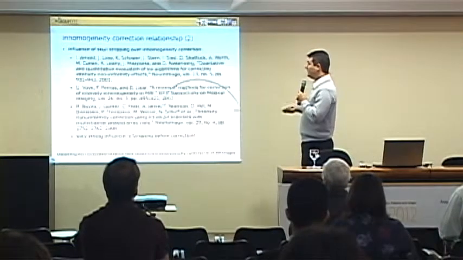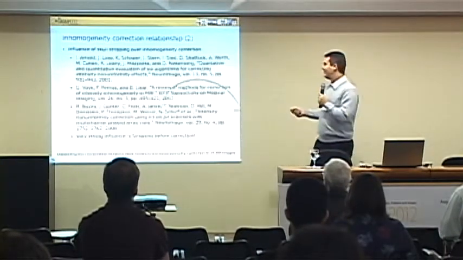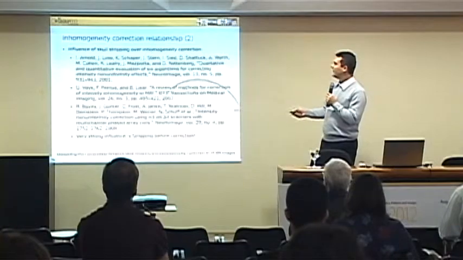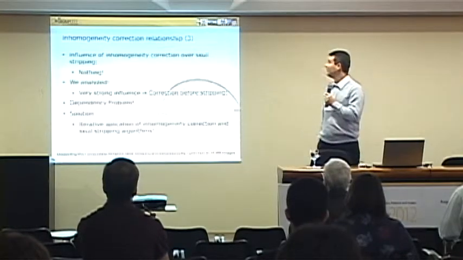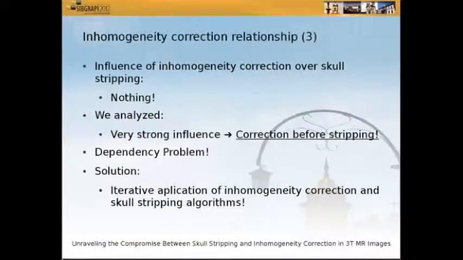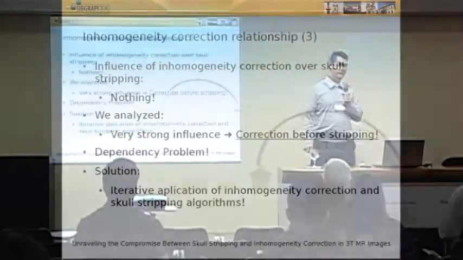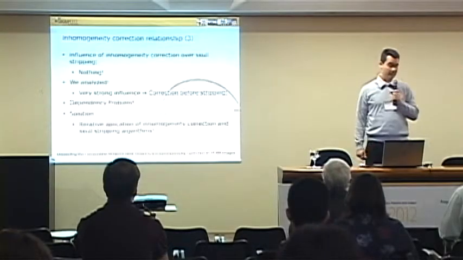But what about the other way, inhomogeneity correction affecting skull stripping? We found out that nothing was published about this topic. Nothing about 3 Tesla images, only about 2 Tesla images.